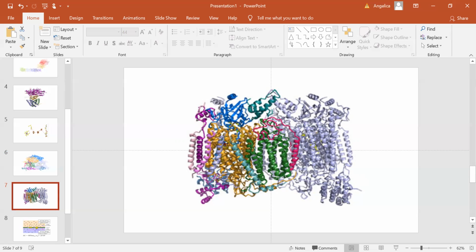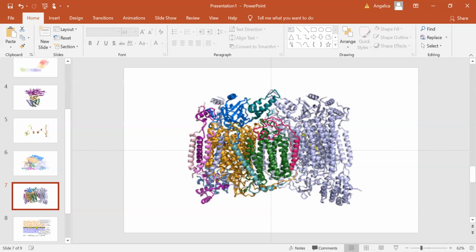Two copies of the multi-subunit assembly of 13 separate polypeptide chains and their associated prosthetic groups come together as a dimer. One copy of the dimer is shown with the individual chains represented in different colors, with the other copy shown in light blue.